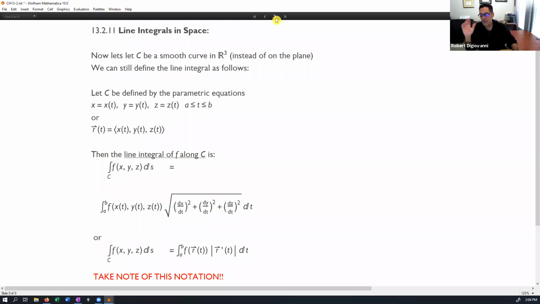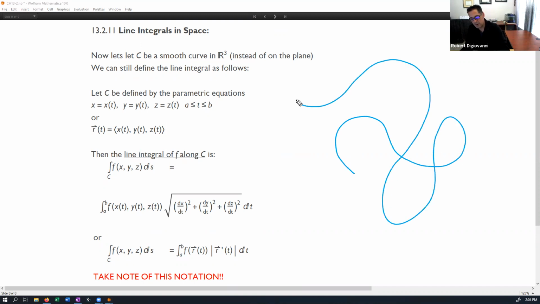But one way to think about how you could see the use of something like this is to think about an object traveling through three-dimensional space. At each point in time, as you move along this path, you're measuring, I don't know, what could we be measuring?